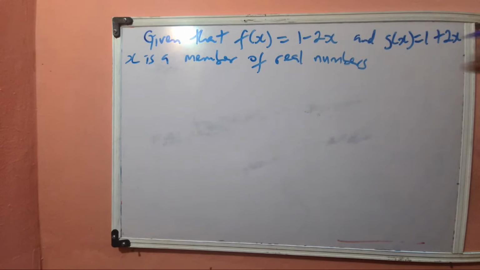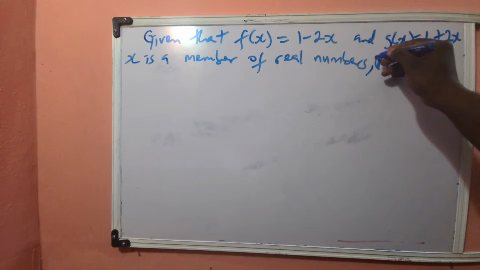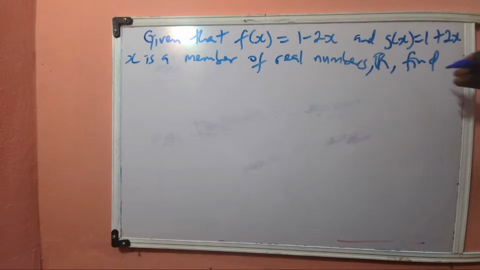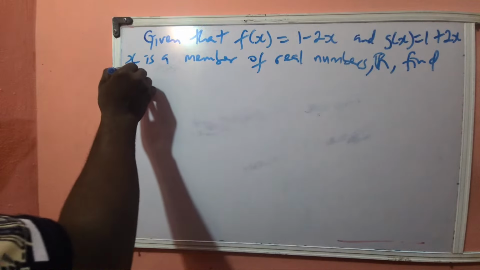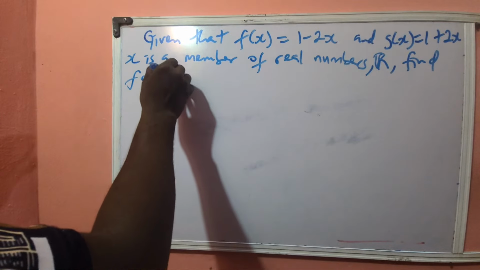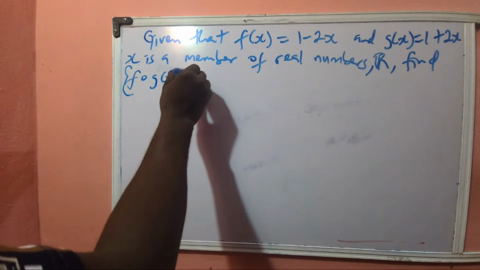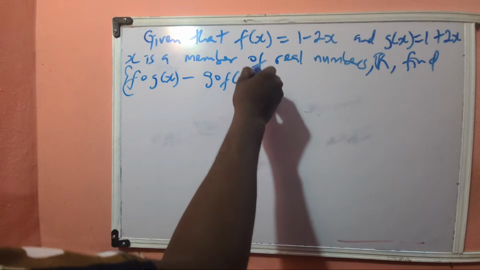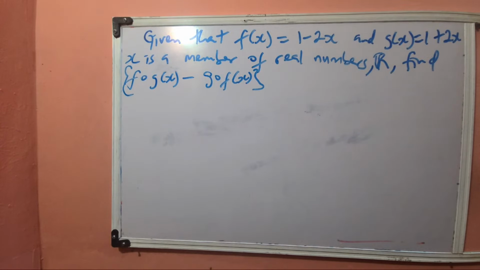Of course, that is represented by the symbol that looks like R. You are told to find fog minus gof. All these are direct questions from past questions. You are told to find fog of x minus gof of x. All right. How do we go about this?